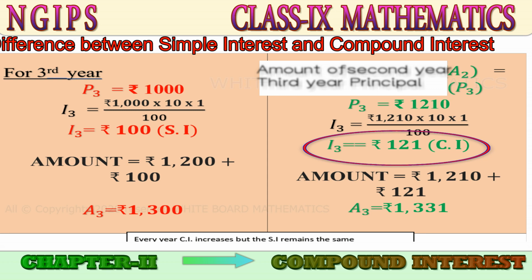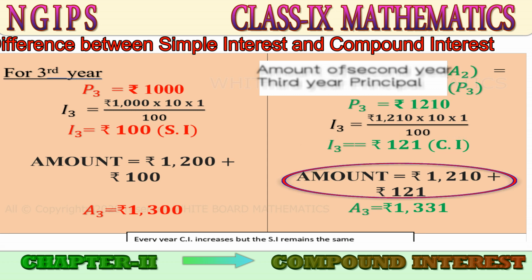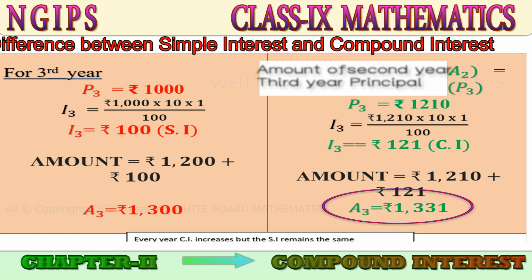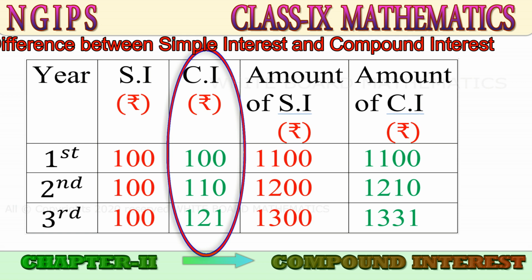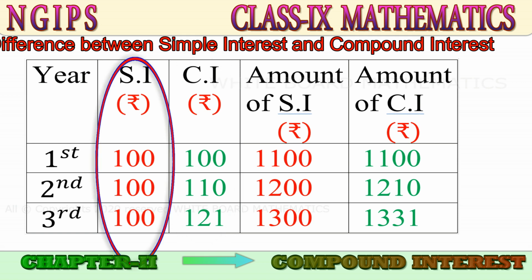So this is the compound interest for third year. So amount is equal to principal plus interest. Principal it is 1210 plus interest it is 121, which gives us 1331. Every year compound interest increases, but the simple interest remains the same.